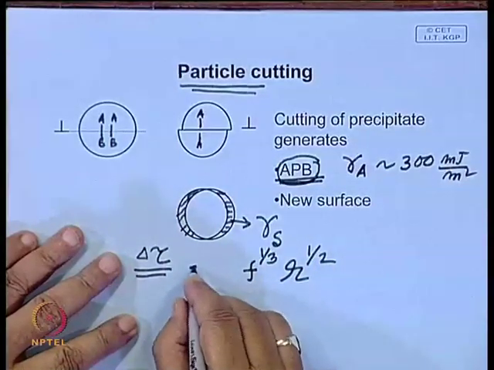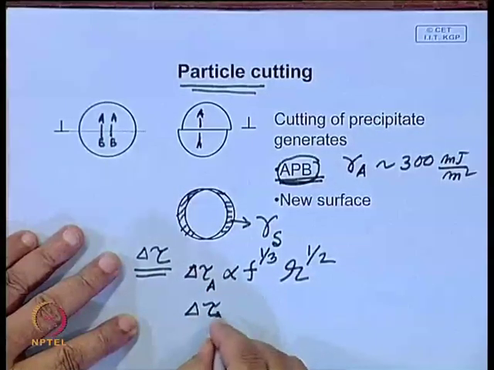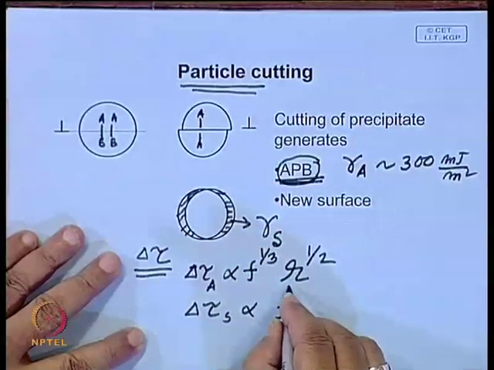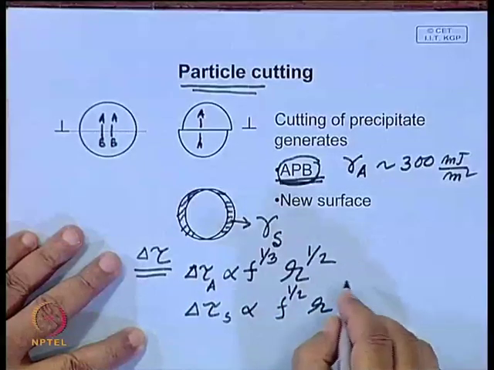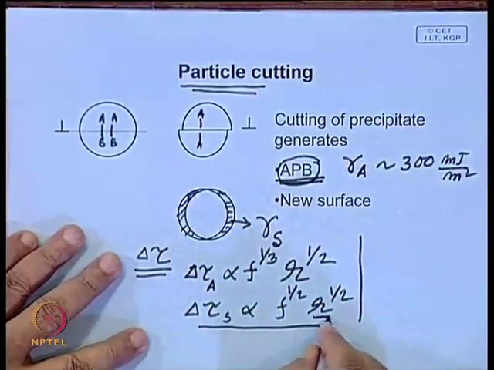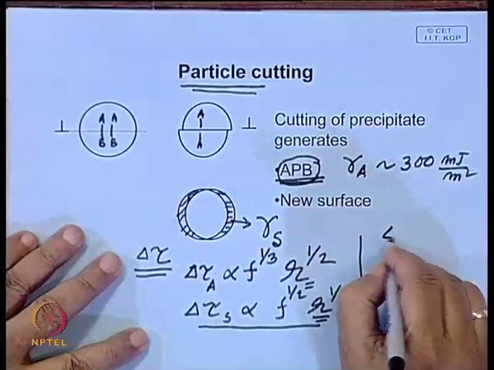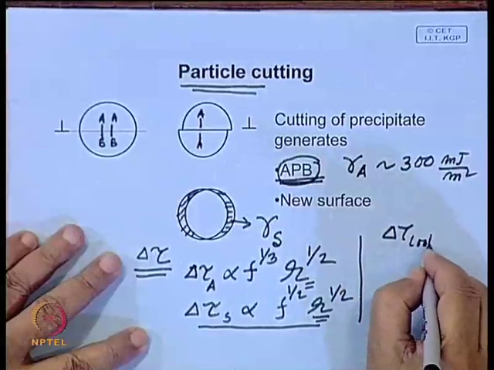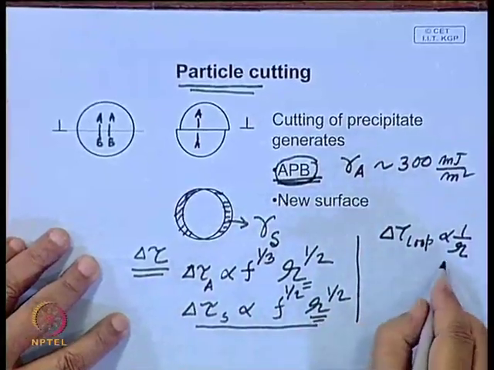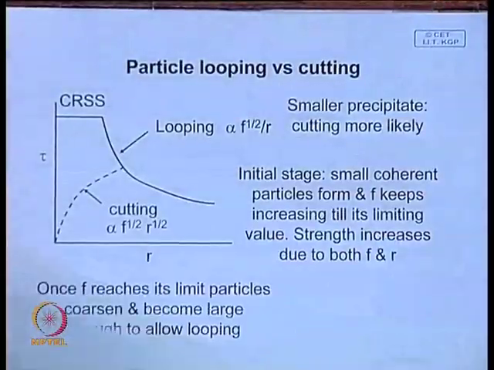This is for the antiphase domain boundary and this is for the new surface created. So, this increases as the particle grows, whereas for looping, delta tau loop is inversely proportional to r. This is quite important and we will look at the implication of this, which is shown here.